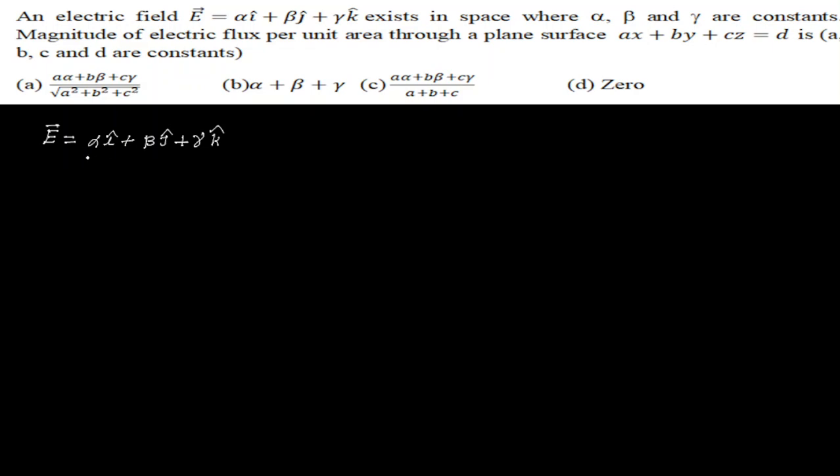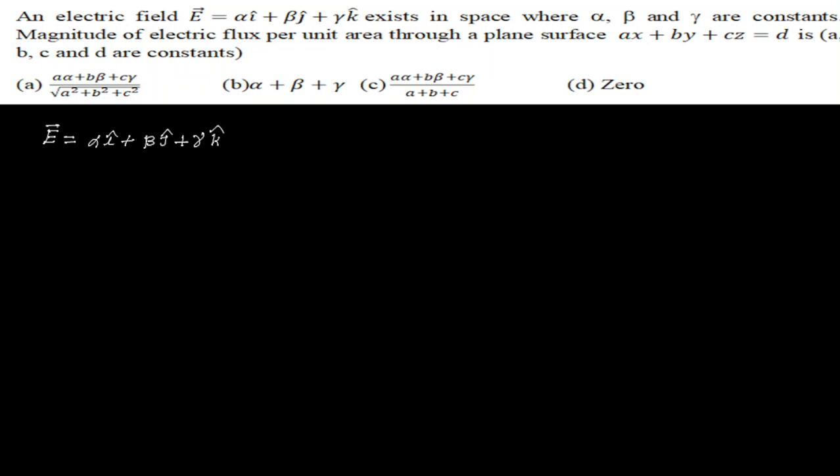If we calculate the magnitude, irrespective of any point, whatever values of x, y, z you consider, the magnitude will always be the square root of alpha square plus beta square plus gamma square. So the magnitude is fixed. And it doesn't matter what values you put for x, y, z, the direction of the electric field will always remain the same. So again, it's a uniform electric field.